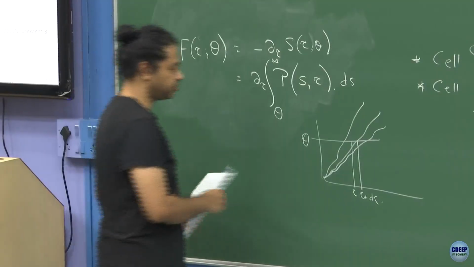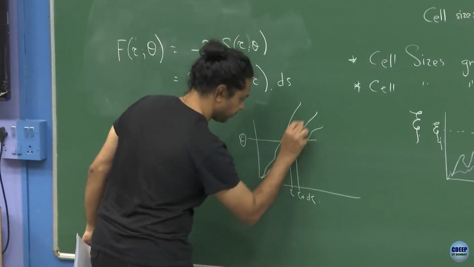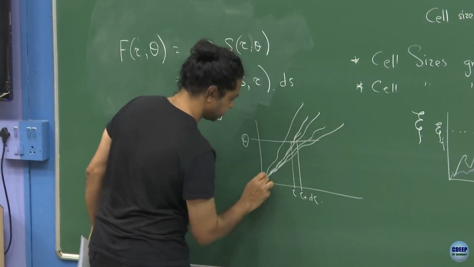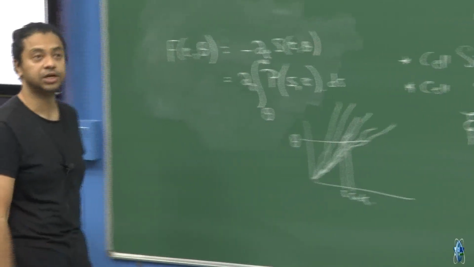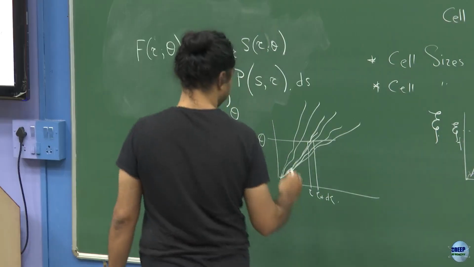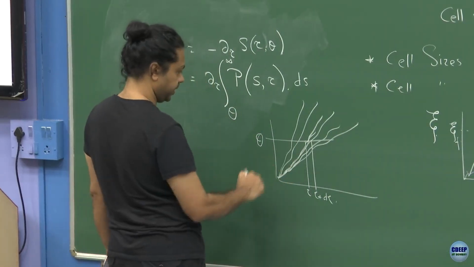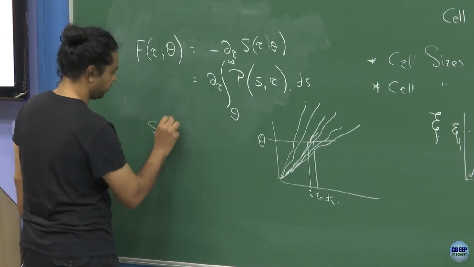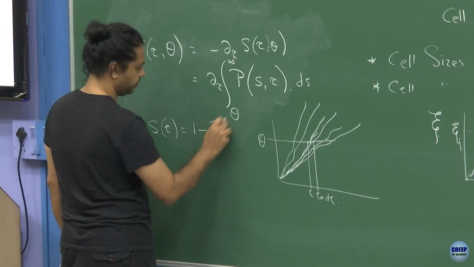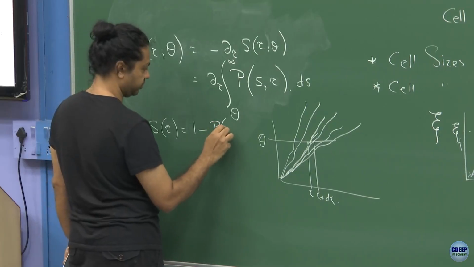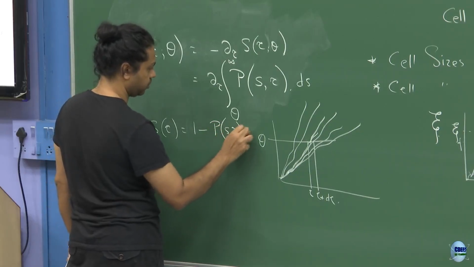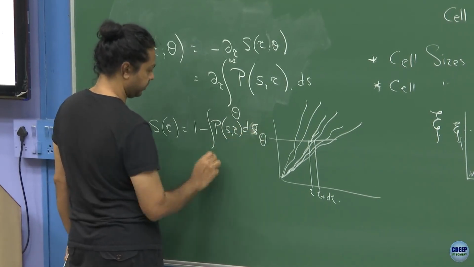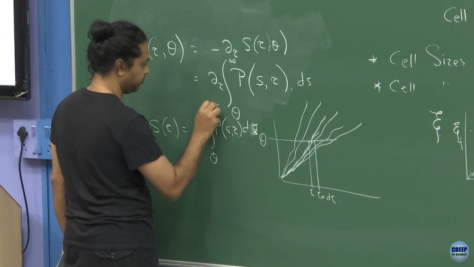What is the distribution? So, let me draw a few more trajectories that cross in this time, and then there are trajectories which cross later and trajectories which cross earlier. So, all of these trajectories, or rather the survival S of tau is 1 minus all of these trajectories, the integral of P of s comma tau ds from theta to infinity.